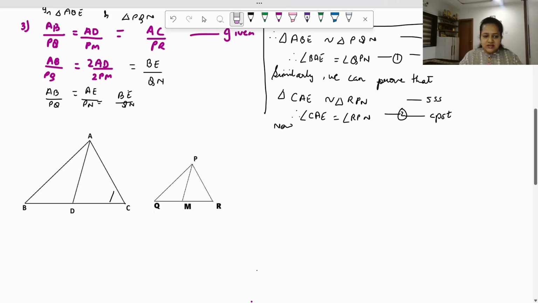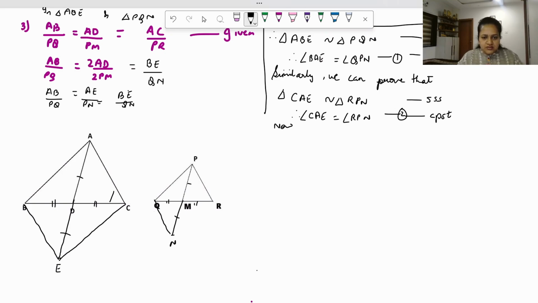It sometimes takes time to do it manually, so please cooperate. This is point E. We join this, and over here we know BD is equal to DE and AD is equal to BE. Similarly, we extend PM to N. PM being the median, we get QM is equal to MR, and now again this. We have proved that these two angles are equal, and we have proved that these two angles are equal, right?